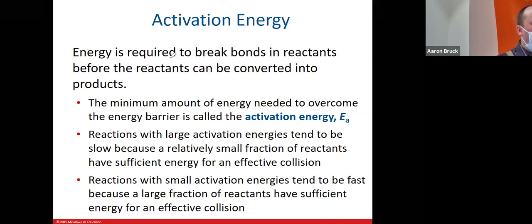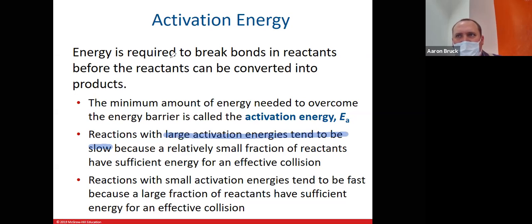When our activation energies are large, we tend to have slow reactions. Again, think about the diagram that we just showed you. The more energy that is required to be inputted, the more energy we have to continue to put into the reaction, the more difficult the reaction is going to be to run.